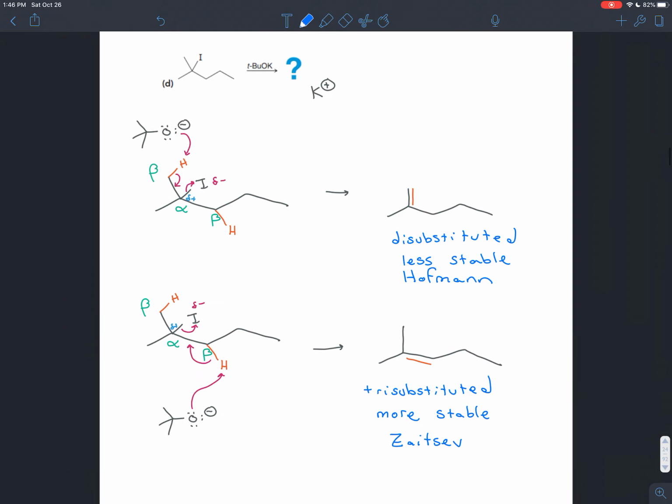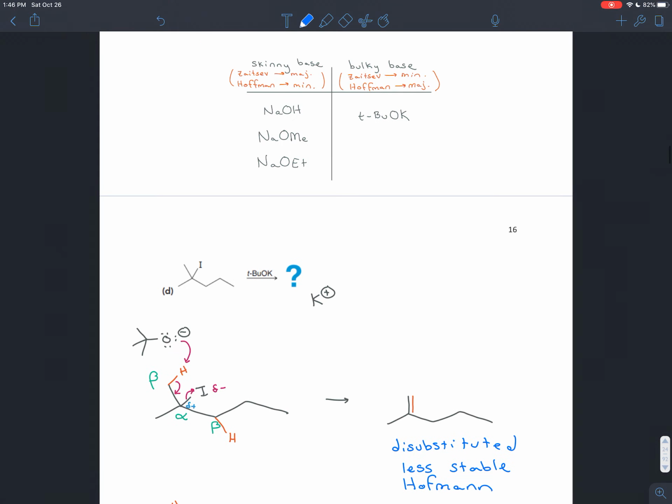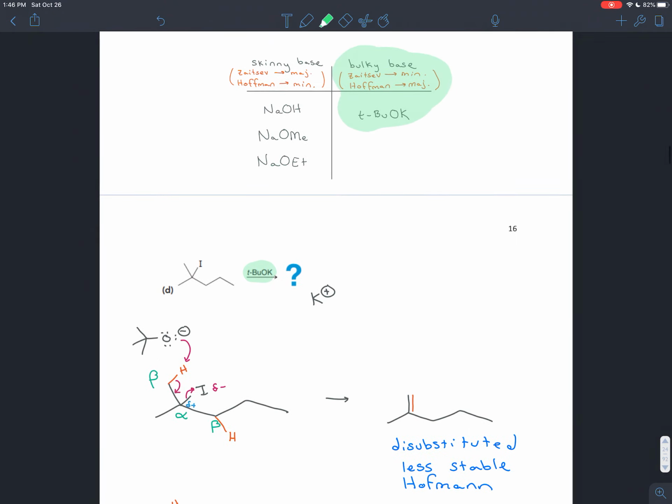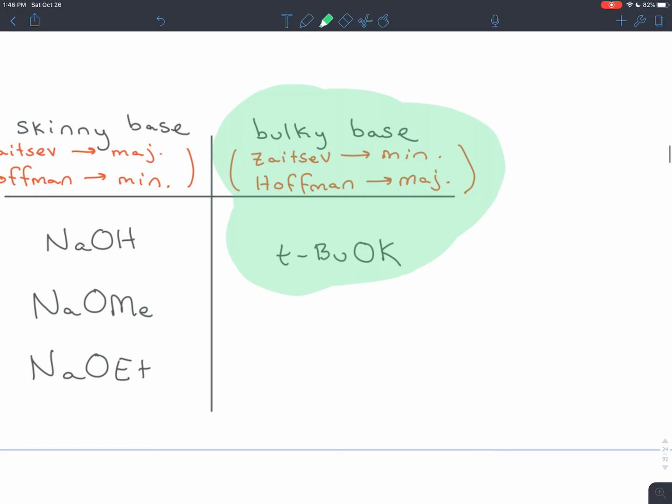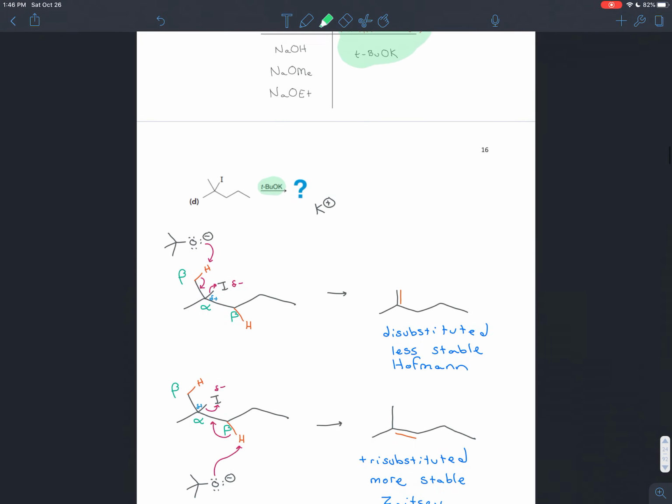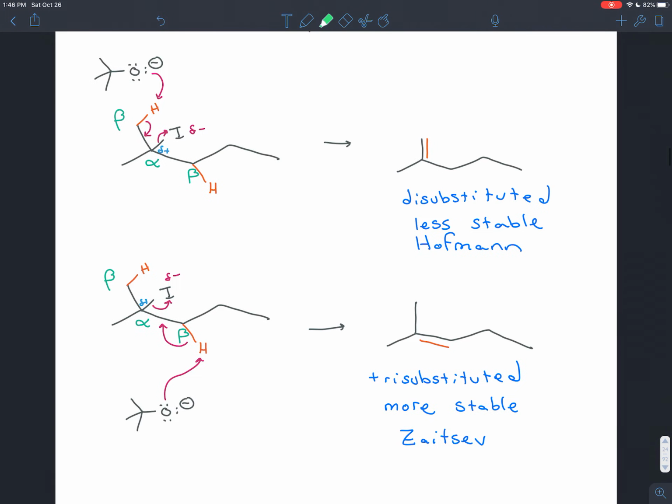But which one is the major and which one is the minor? That depends on the type of base that we used. We used potassium tert-butoxide. That is a bulky base. And with a bulky base, the Zaitsev product is the minor product, and the Hofmann product is the major product. Because this Zaitsev product is more crowded, and so it's harder for the bulky base to reach this more crowded beta hydrogen.